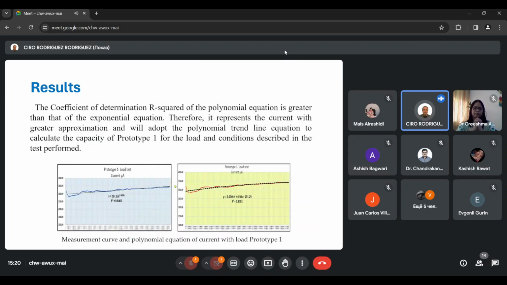But using the coefficient of determination, R squared, of the polynomial equation, working with the water in this container prototype, we can observe an increase in the current.